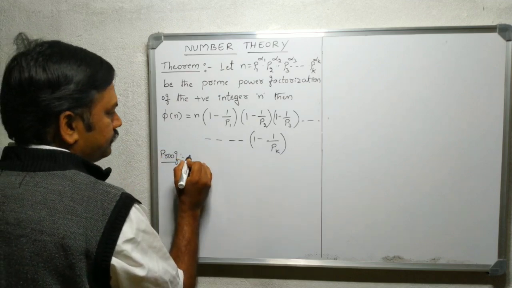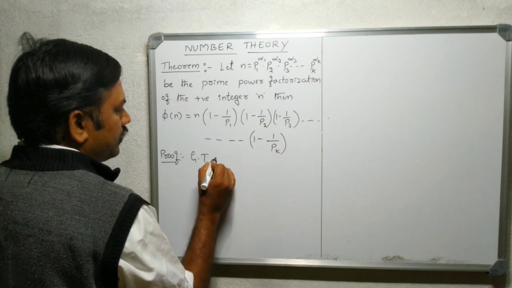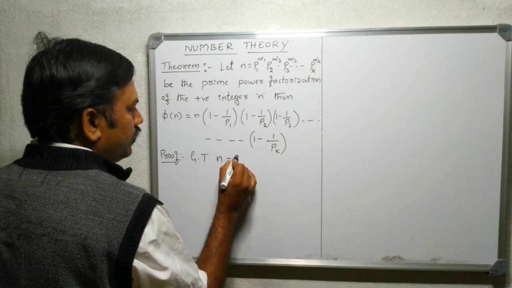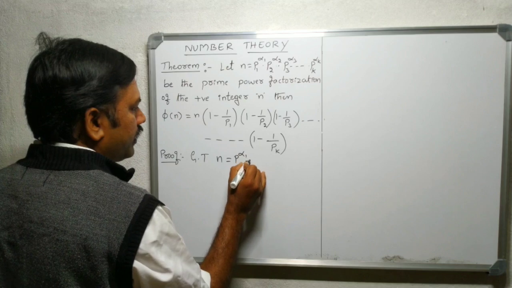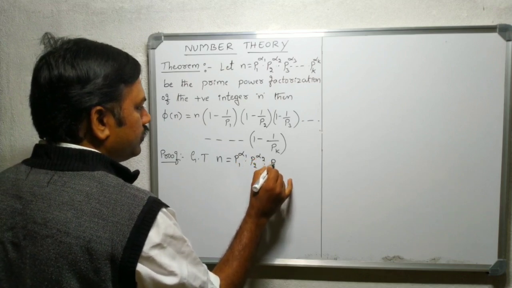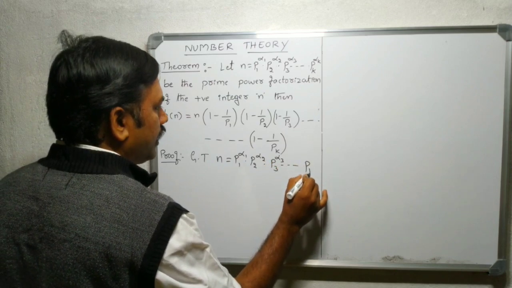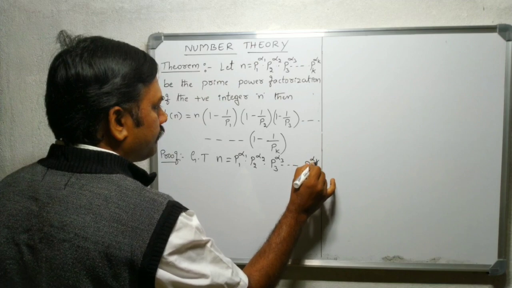Here, given that n is equal to p1 to the power of alpha 1 into p2 to the power of alpha 2 into p3 to the power of alpha 3, so on pk to the power of alpha k.